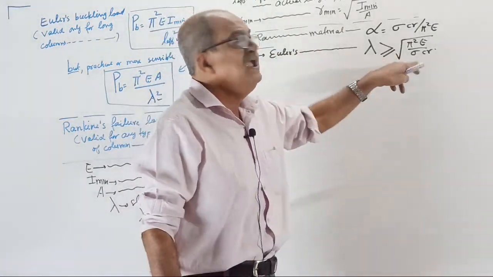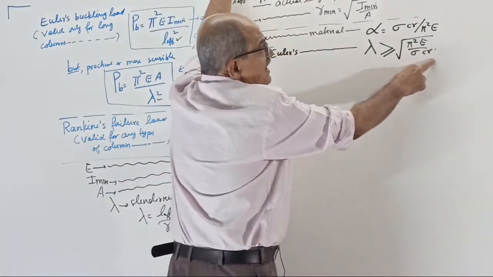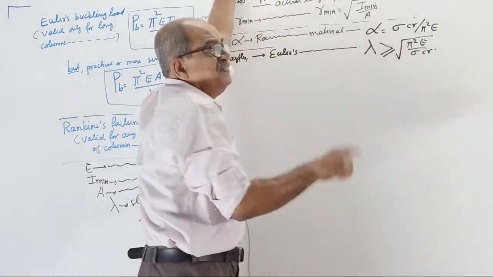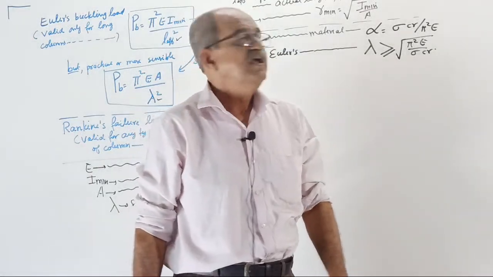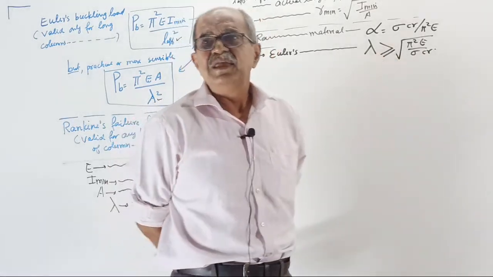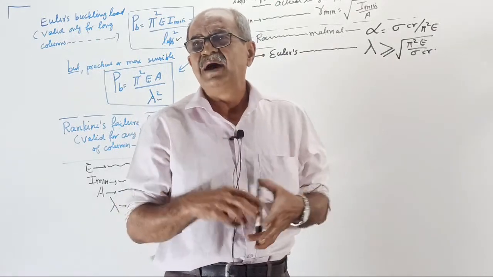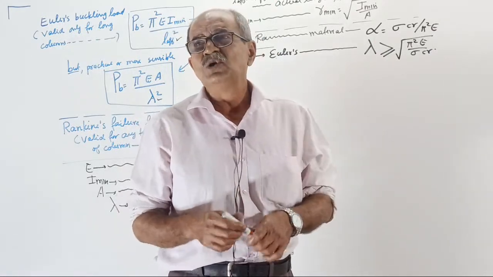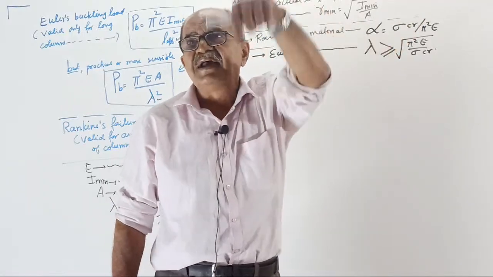If it is highly more, like 300, 400, then the column will fail by buckling. If it is 77 or 78, Euler's formula can be applied, but it will give more than the buckling failure load, so not dependable. That's why Rankine's formula has a reduction factor.